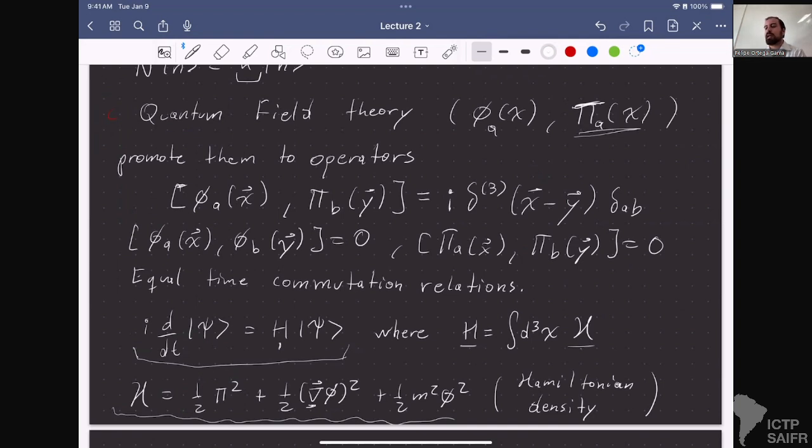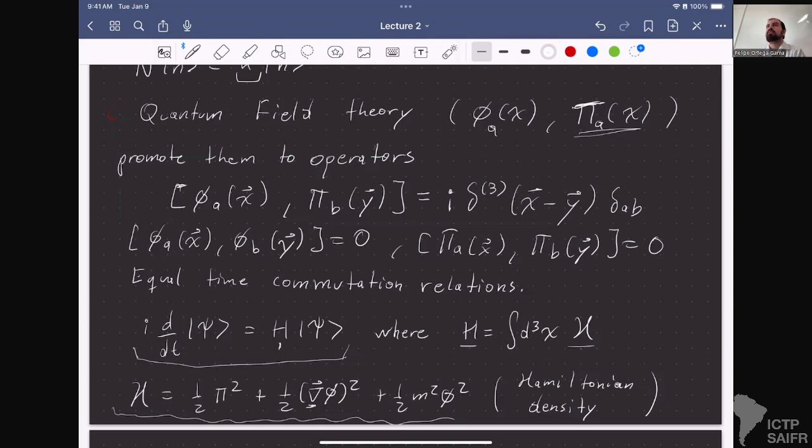You pick some time, some initial boundary conditions, if you wish, and there you impose the commutation relations. And in a second, we'll see that you can make the time dependence of these operators explicit once you go into the Heisenberg picture.